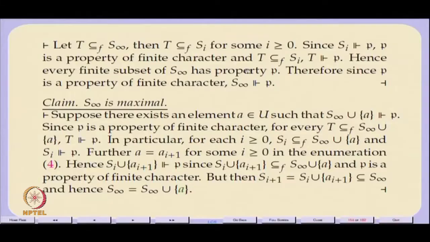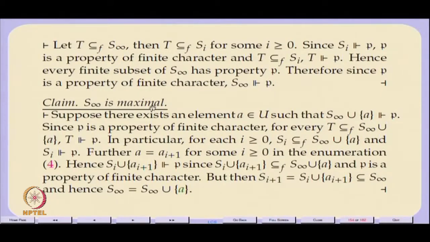Since S m satisfies P, and P is a property of finite character, T would also satisfy the property P, because T is a finite subset of S m. So, for any arbitrary finite subset of S infinity, we show that T has this property P, and since P is a property of finite character, S infinity also has the property.